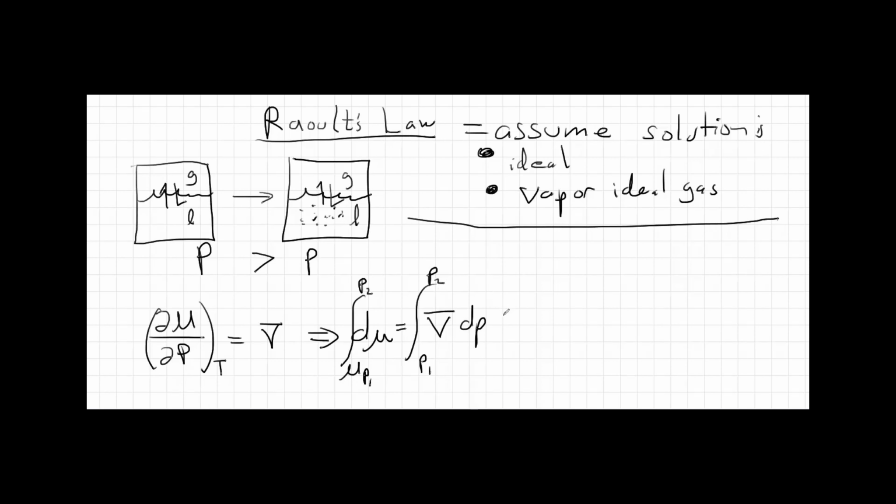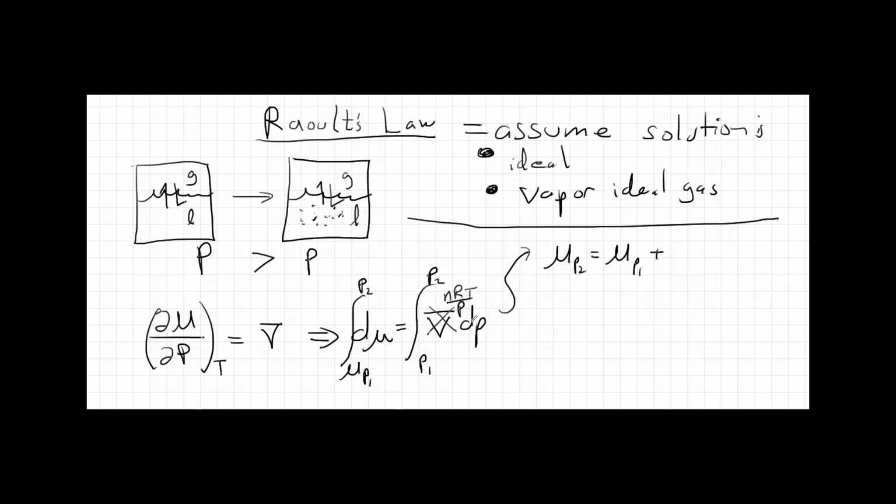And if we integrate this, we get that mu at P2 is equal to mu at P1 plus, well, when we integrate this, we can't assume it's constant, right? We're talking about a gas here, so obviously the volume's going to change when we change the pressure. So we should replace the molar volume with nRT over P. That's where the assumption of ideal gas comes from.